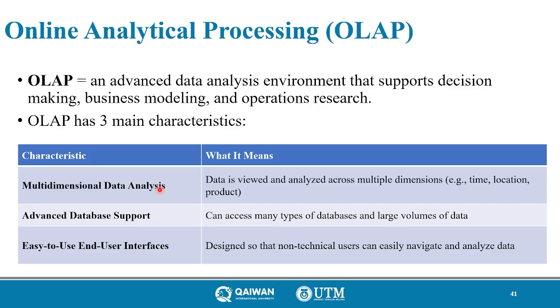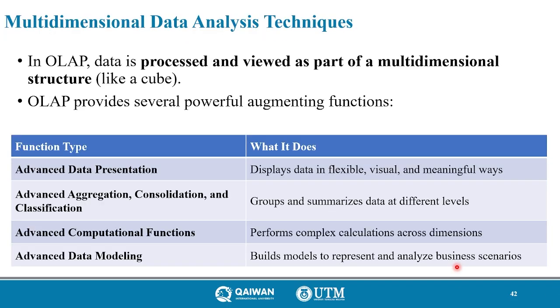It could have time, location, and product. In these three dimensions, it would be analyzed. Then advanced database support, which can access many types of databases and large volumes of data, and easy-to-use end user interfaces designed so that non-technical users can easily navigate and analyze data.